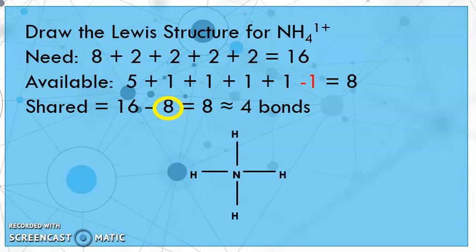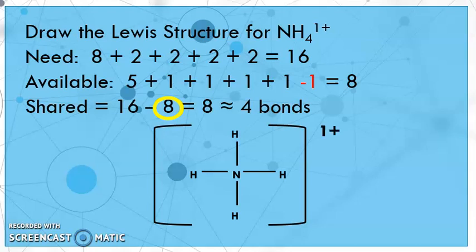Now I'm almost done. The only way that this structure worked was by monkeying with the number of electrons, and we saw this earlier in our ionic chapter. Anytime that we draw a Lewis dot structure where we monkey with the number of electrons, we need to incorporate square brackets around the outside, and then in the upper right-hand corner indicate the charge.